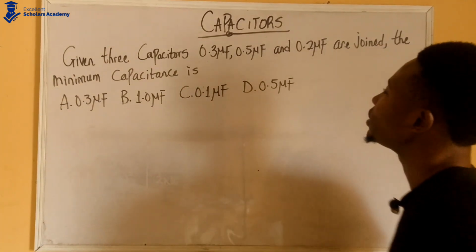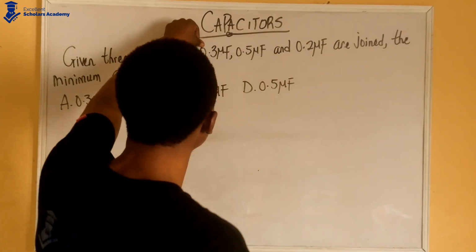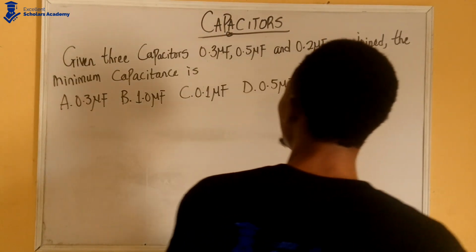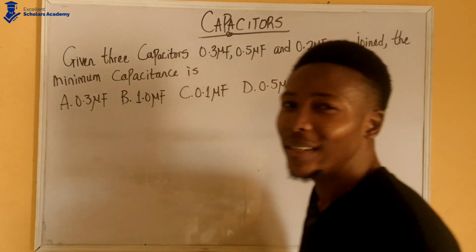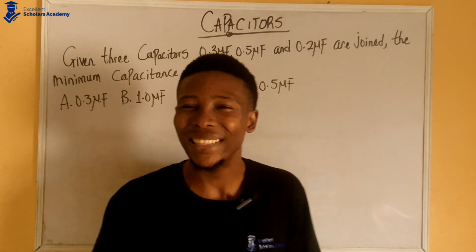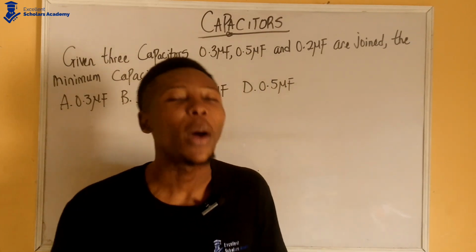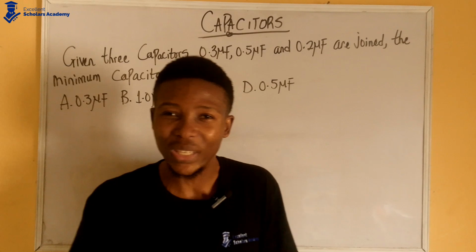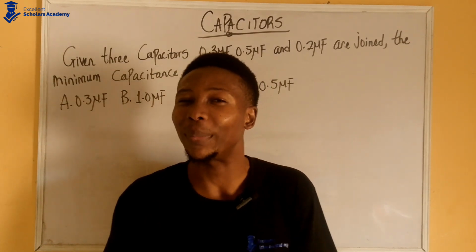Given 3 capacitors, 0.3 microfarad, 0.5 microfarad, and 0.2 microfarad are joined. The minimum capacitance is, now they're trying to ask you, how will you connect these capacitors to get the least capacitance? Now, when you connect capacitors in series, you have minimum capacitance.